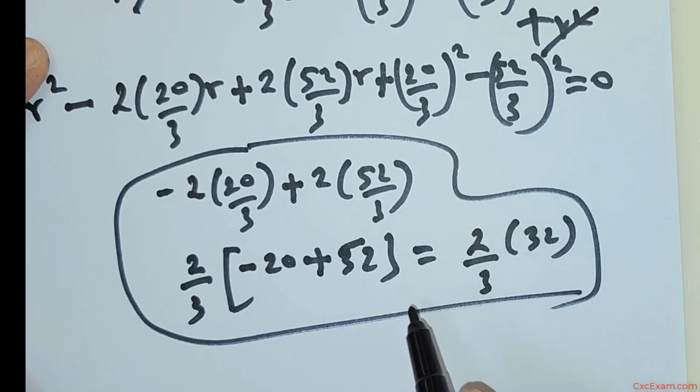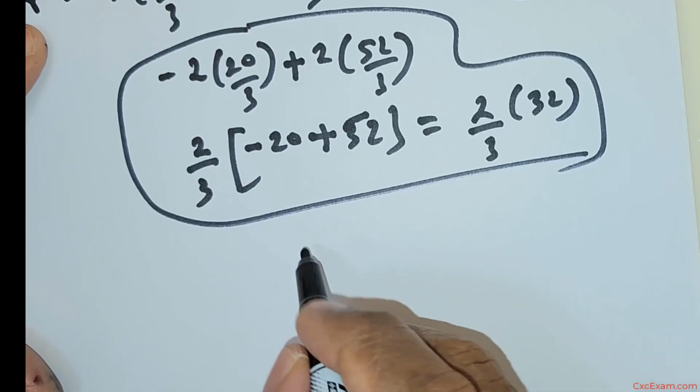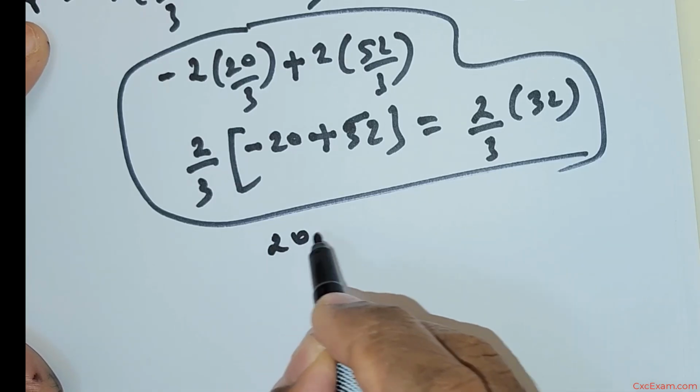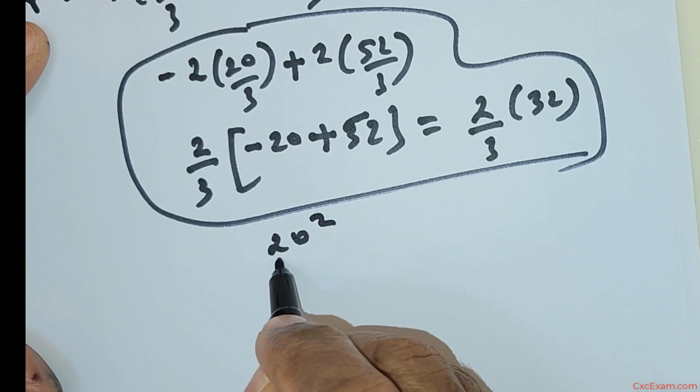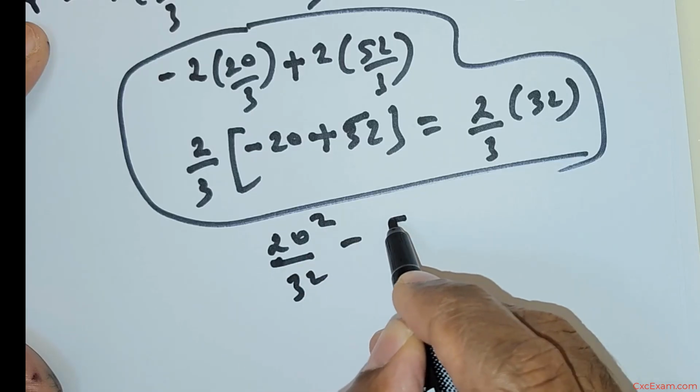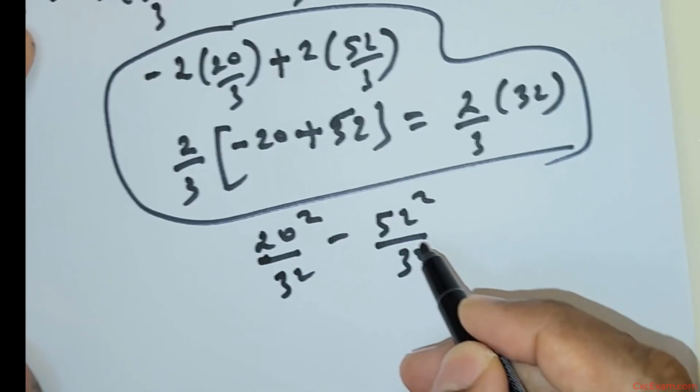Next we have to simplify this part. That's going to be 20 squared over 3 squared minus 52 squared over 3 squared.